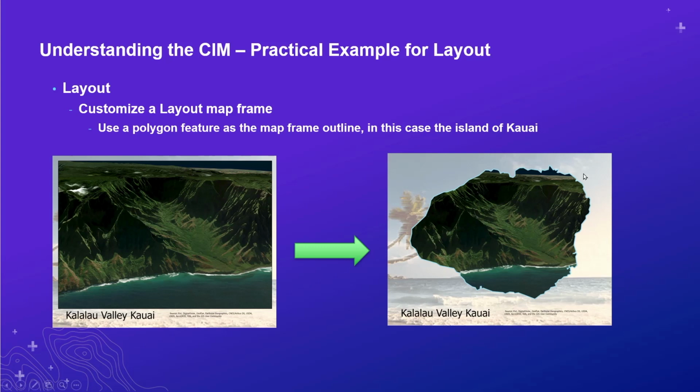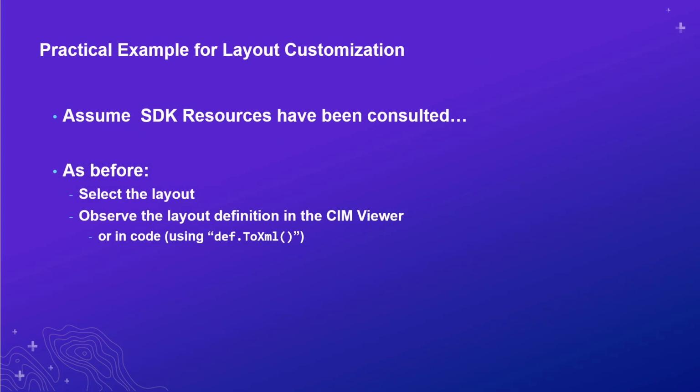So in this case, the island of Kauai, you can see the result on the side. So these are the two identical layouts, except the one on the right side has the island of Kauai as the map frame to show my 3D map. And then I have a little symbol boundary around that to kind of highlight the map just a tad. So this is the plan. Let's see how we're going to do it.